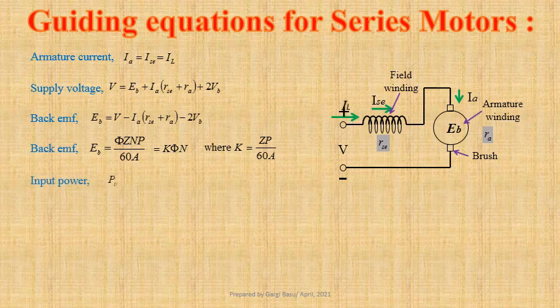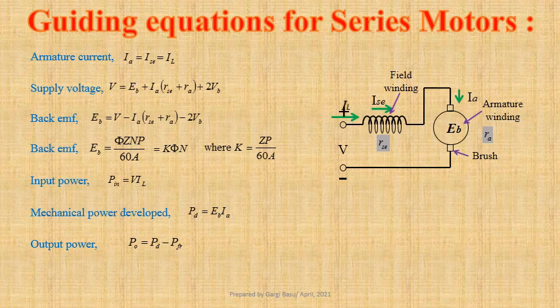Input power Pin equals V into IL. Mechanical power developed PD equals EB into IA. Output power PO equals PD minus PFR, where PFR is the iron and friction losses of the machine.